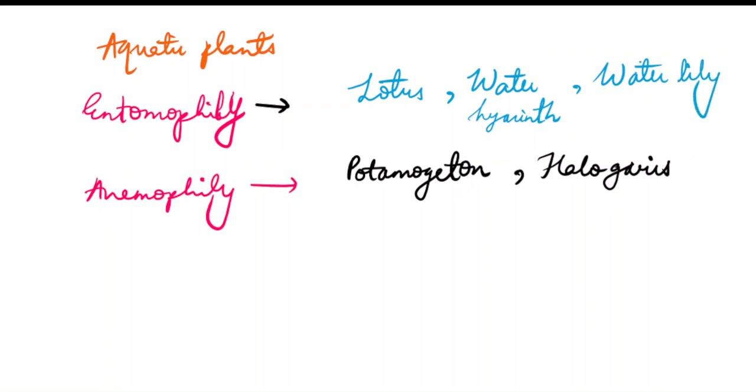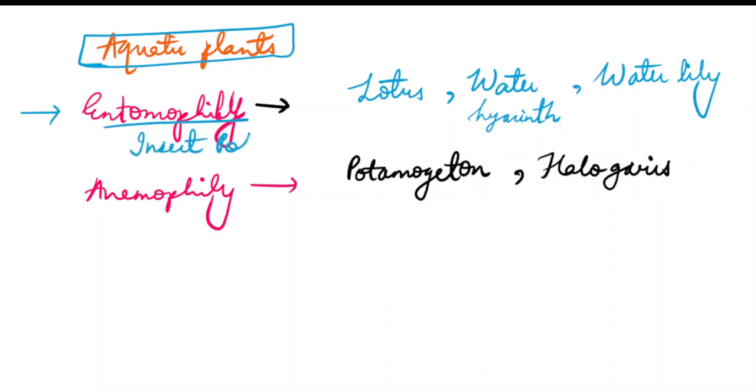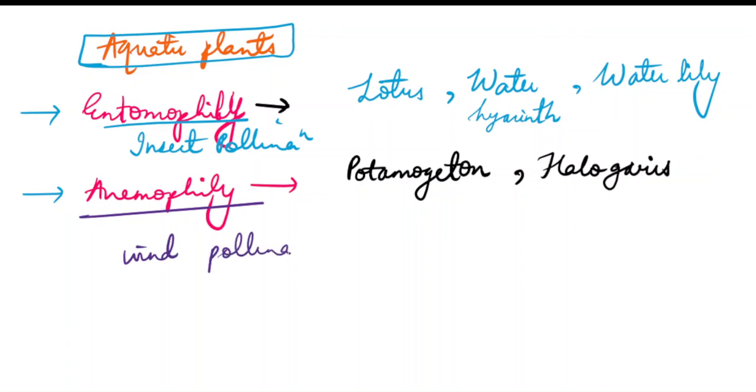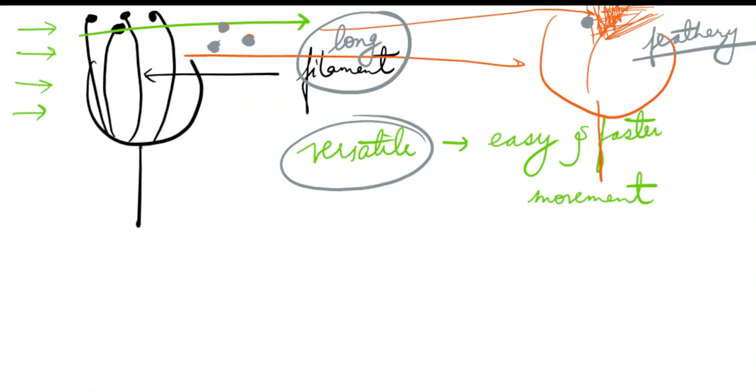So these are the examples of flowers which are aquatic but still undergo entomophily, which means insect pollination, and anemophily, which you know is wind pollination. So this is about water pollination.